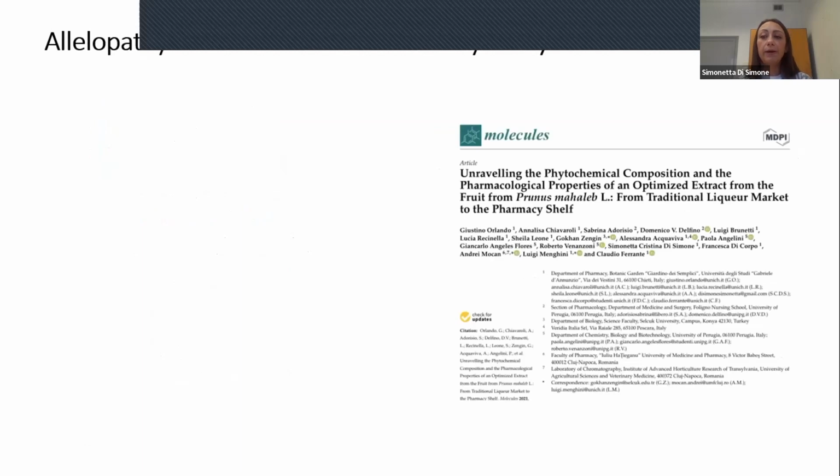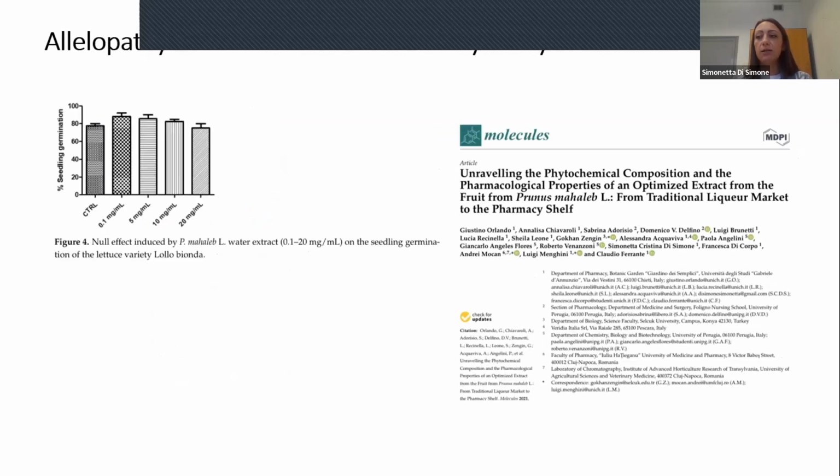So as a final point, here you can see another example of a study published in Molecules, where we investigated the biological activity of Prunus mahaleb extracts in a preliminary way through two of the eco-toxicological models you just learned about. On the one side, we investigated the potential toxicity on lettuce seedlings at a concentration range between 0.1 and 20 milligrams per milliliter.